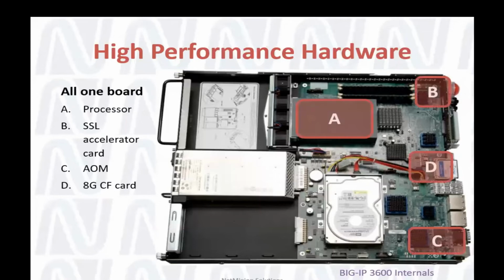Then again, it is talking about a couple of things inside your performance hardware, like your SSL isolated card, which is doing your SSL encryption and decryption, what I was talking about. Then it is talking about the processor. AOM is the Always-On Module.